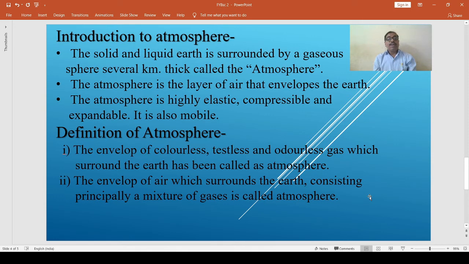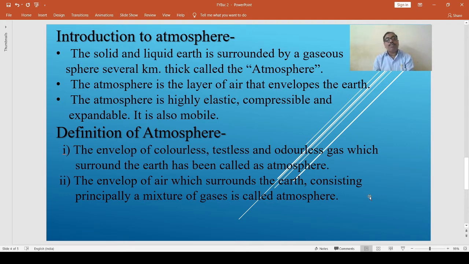Then the definition of atmosphere: the envelope of colorless, tasteless, and odorless gas which surrounds the Earth has been called the atmosphere.